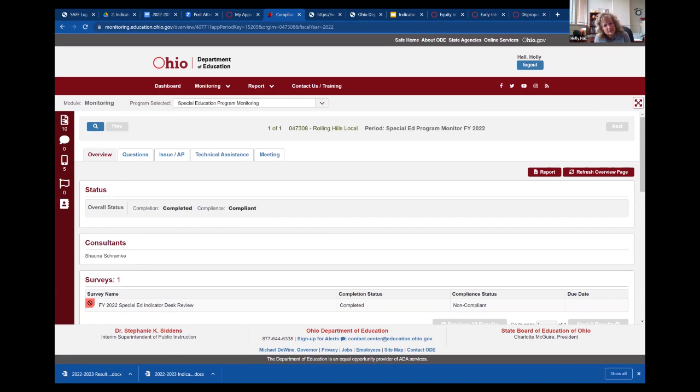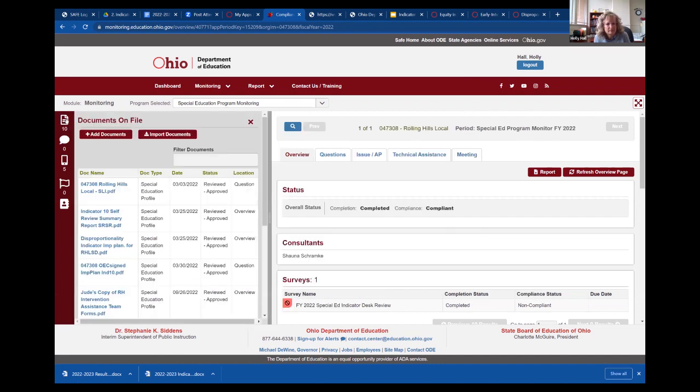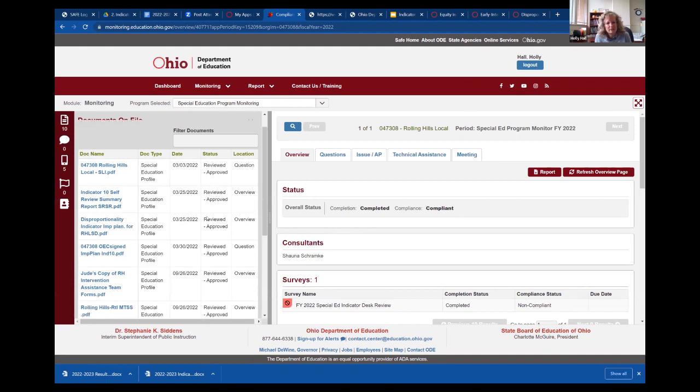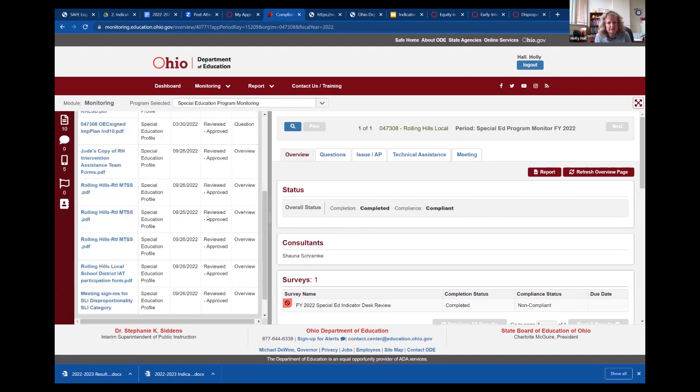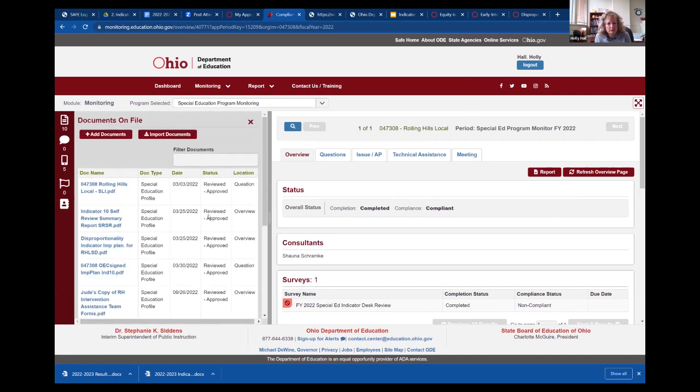And then this little page up here in the left-hand corner with the tabbed down, you can kind of see all of the different documents that have been uploaded for the district in the past. So if you have existing documents from previous findings, that's kind of how you can retrieve those.